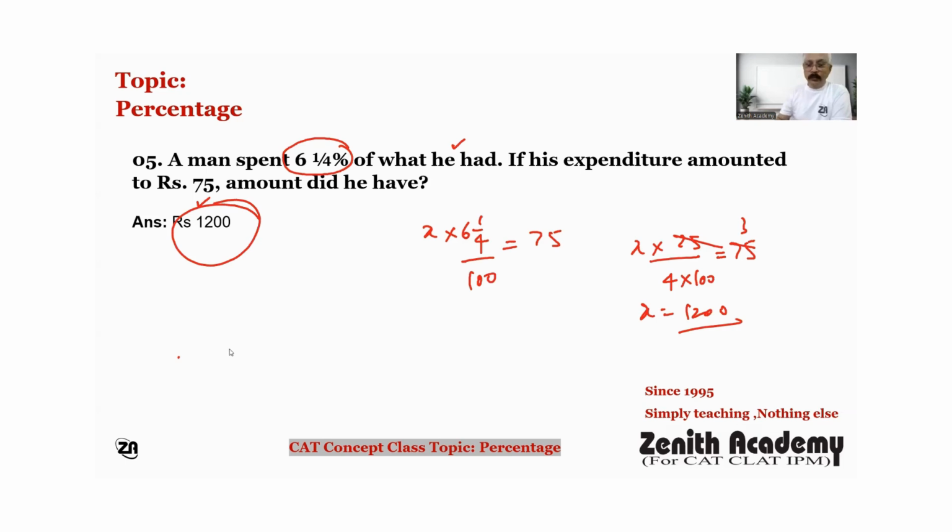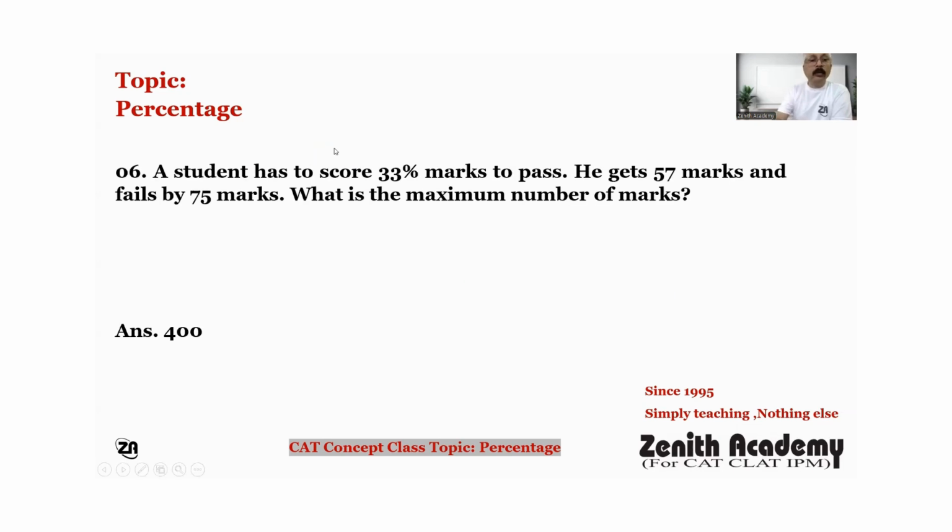Let us take next question. A student has to secure 33% marks to pass. He gets 57 marks and fails by 75 marks. What is the maximum number of marks? So let the maximum number of marks be M. He has to score 33% to pass.